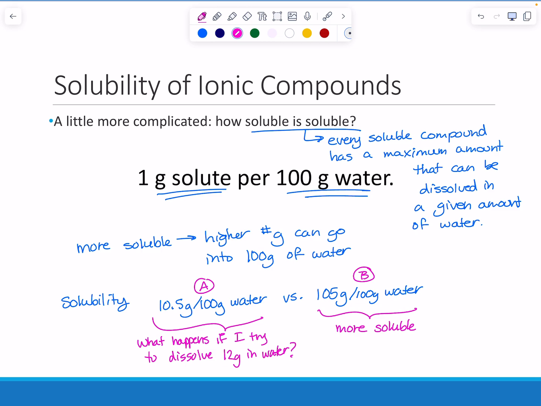And then sometimes if I heat up a solution, I can get more to dissolve, and if I cool it down slowly and not disturb it, I can get what we call a supersaturated solution, which is where I have more than can actually dissolve. And you can do this with a molecule called sodium acetate. If you've ever seen those reusable hot packs, there's this liquid in it, and usually a little metal disc that you can bend.